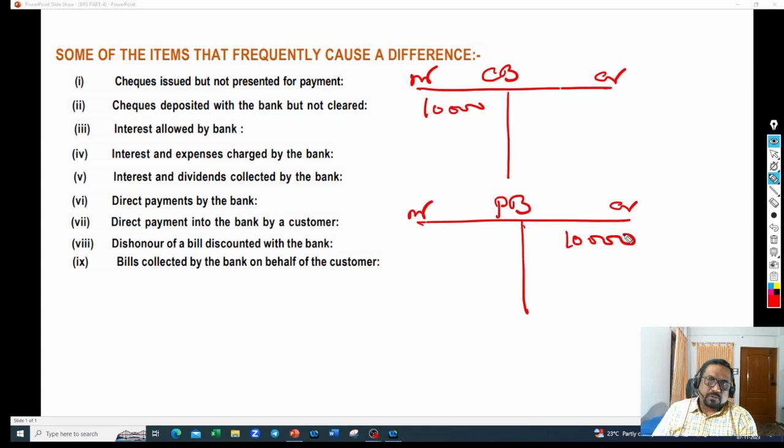Dishonor of a bill discounted with the bank. What do you mean by dishonor? This topic will be covered in bills receivable in detail, but for the time being, I will try to explain it. When I draw the bill, I am called the drawer. The person who accepts the bill is called the drawee.